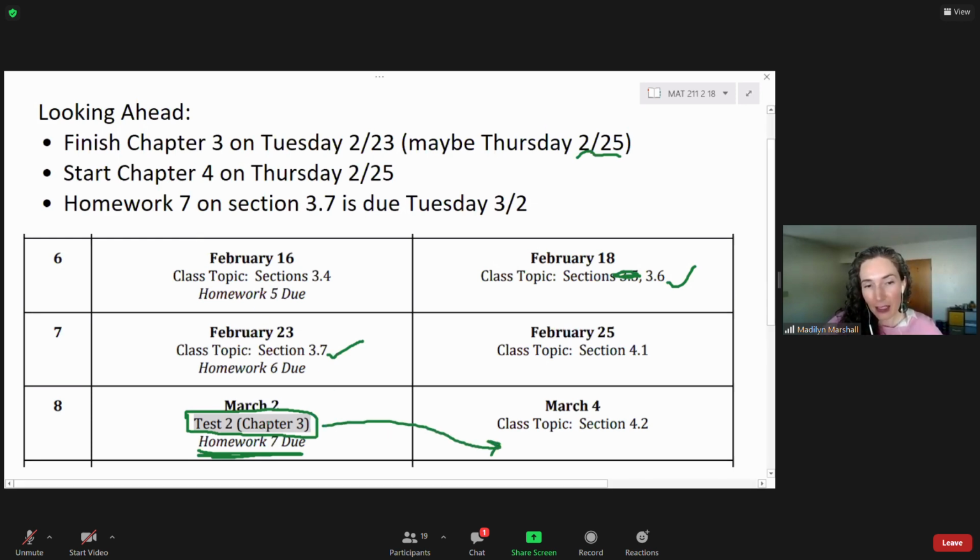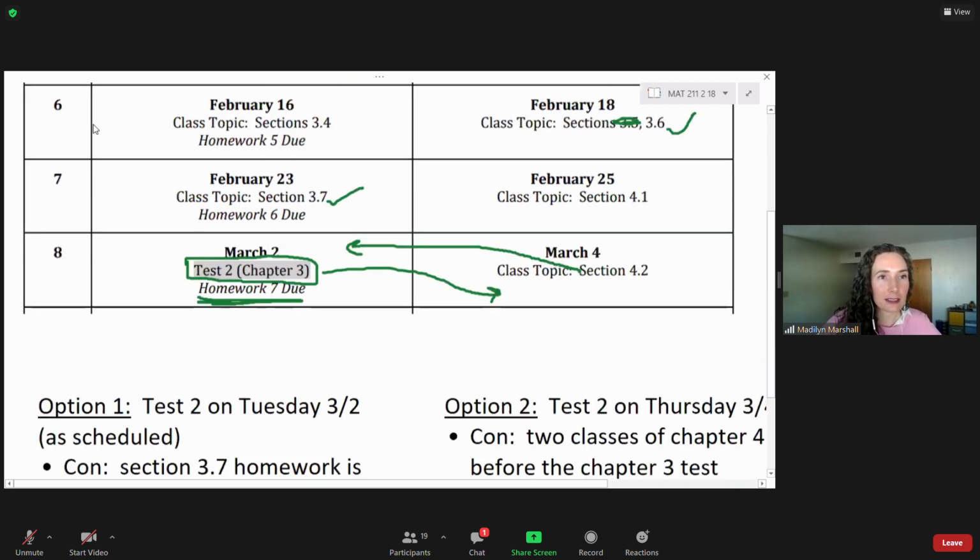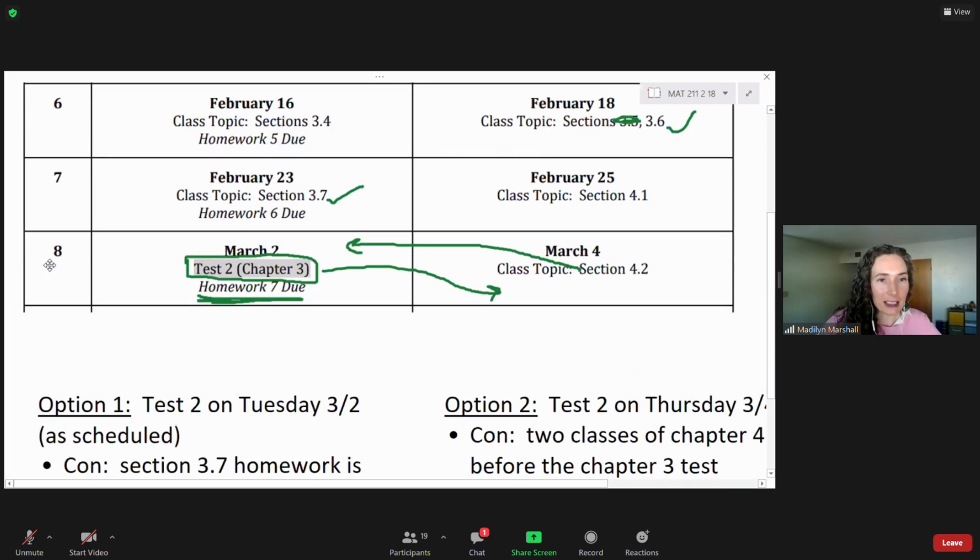The thing is, if we do that, then 4.2 would be moved to March 2nd. So I think there are pros and cons of both of these because we are going to be starting chapter 4 next Thursday, which will not be a part of the test. So our two options are these.